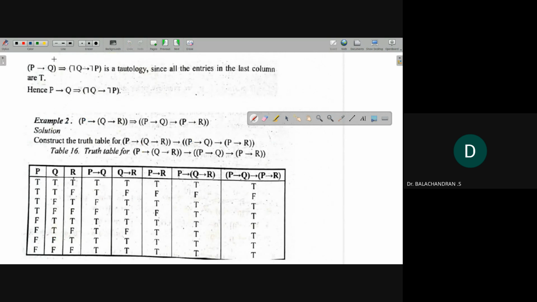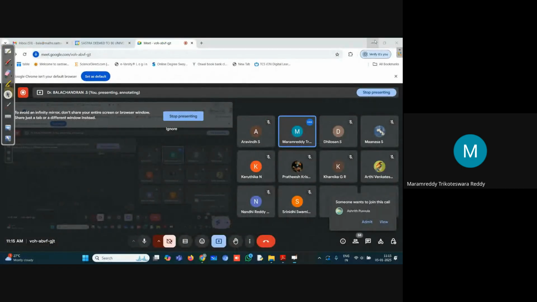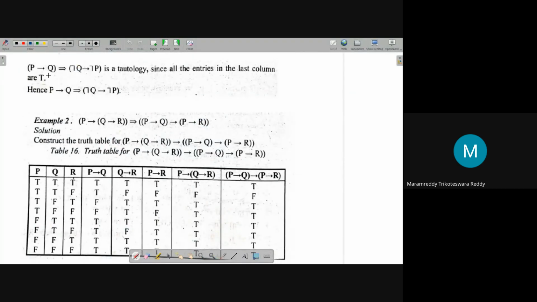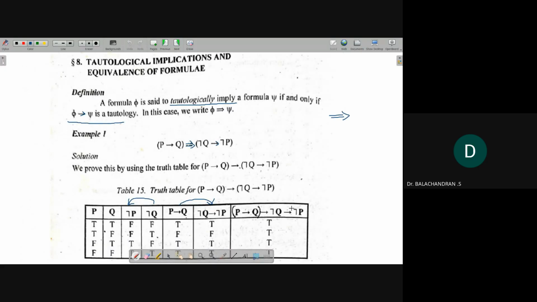The next slide has a typing error. What I told is that this is a tautology, so actually I need to write implies here.